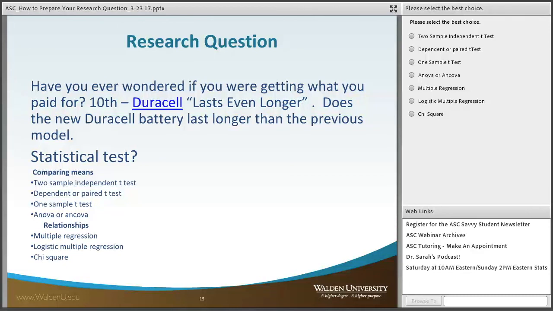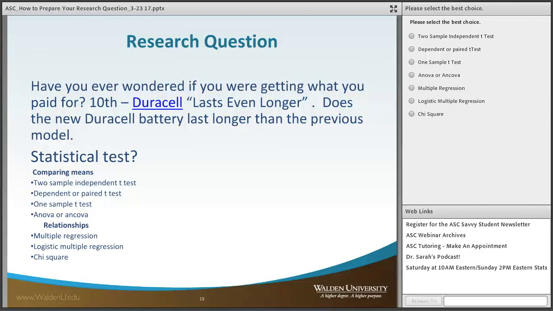And I've included this one because advertisement is very interesting. Lots and lots of law, you know, people filing and saying, look, you said this battery lasts longer, and it doesn't. And the only way that you can file a suit against this is that you've done the statistical method, the analysis that we're talking about here.